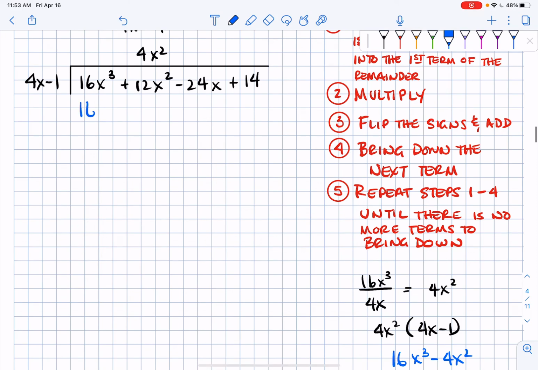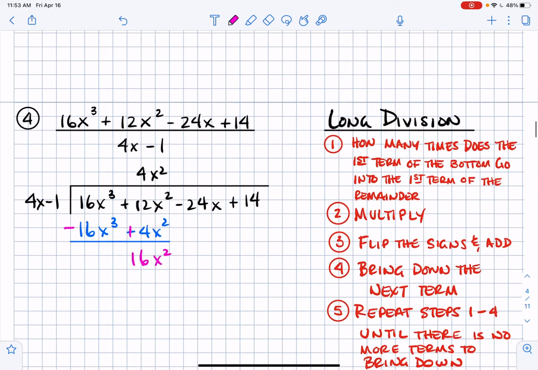So we have 16x to the third minus a 4x squared. And then the next step is that we would flip the signs. So the 16x to the third would become negative, and the 4x squared would become positive, and then we add. And when we add that, the 16x to the third goes away to 0, and we're left with a 16x squared.